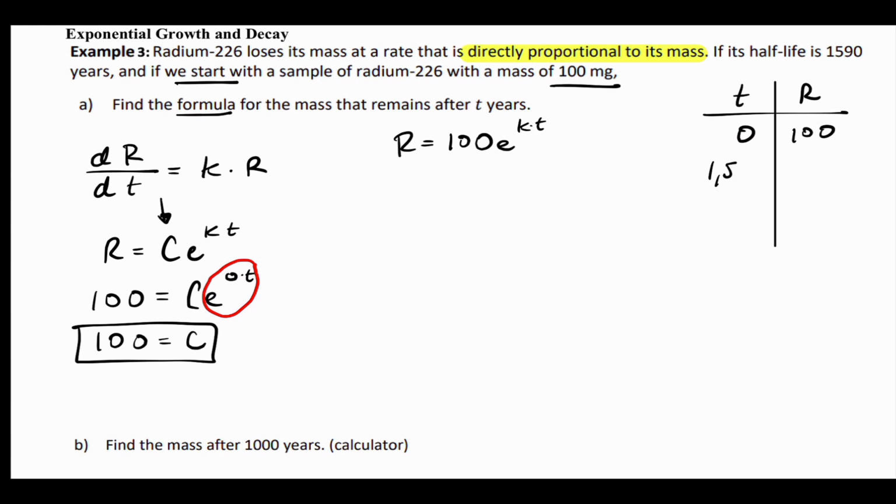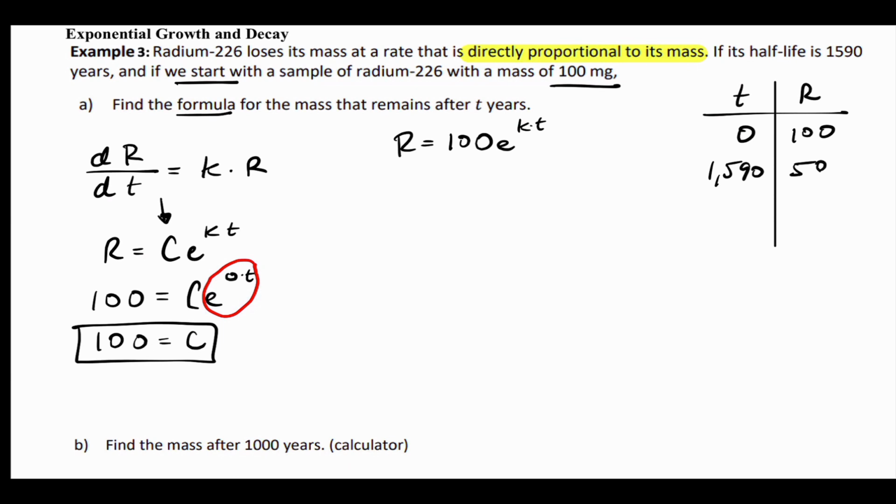On time. For time. And then what'd you say? Say it again. 50 for radium. Good. That's what half-life means, man, right? And then in another 1,590 years, it would be 25. And in another 1,590 years, it would be 12.5.